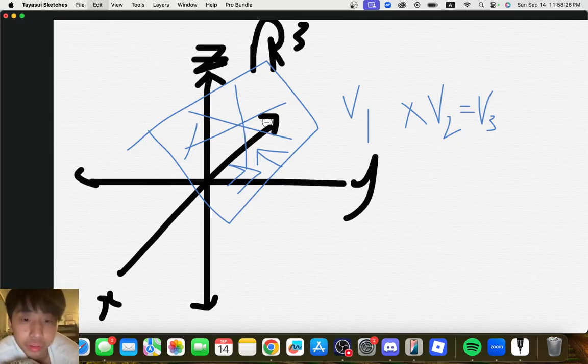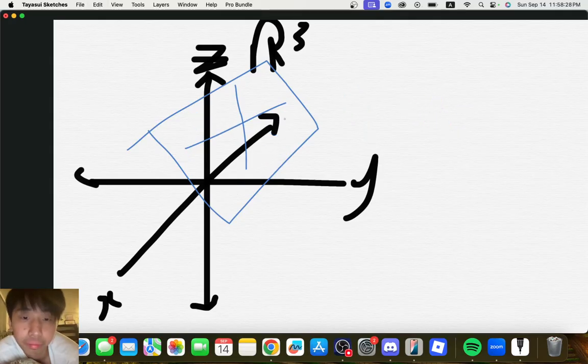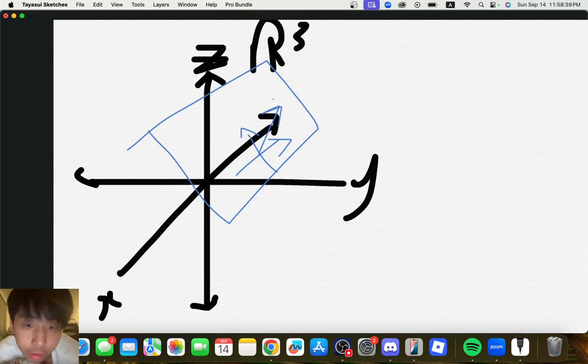So instead of defining it as these two vectors, we can define it by its cross product that is perpendicular and goes up, and we can use any point on this plane.